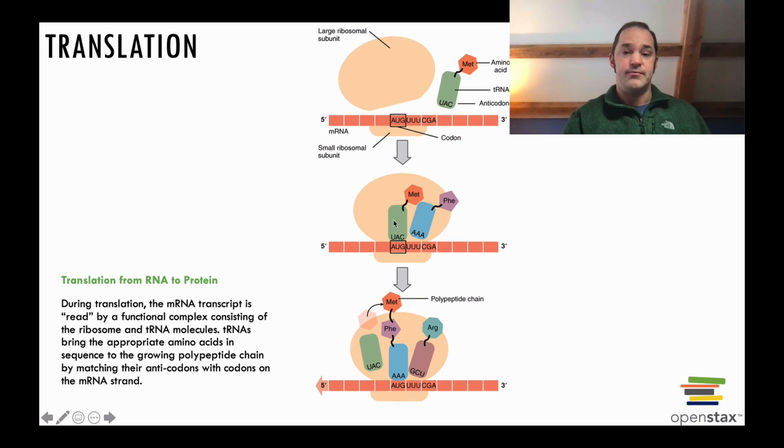Transfer RNAs are called transfer RNAs because they transfer amino acids to the ribosome and to the growing protein. So the transfer RNA is going to come in, and it's going to bind to the complementary sequence on the mRNA, and it's going to bring this amino acid to the site.